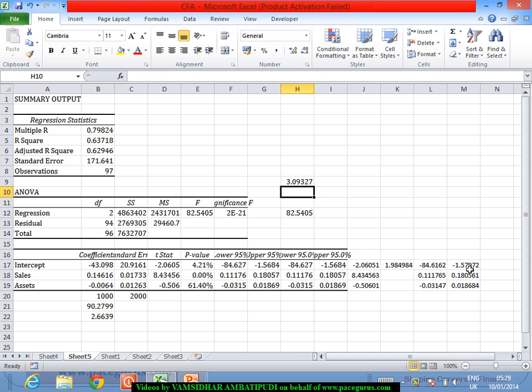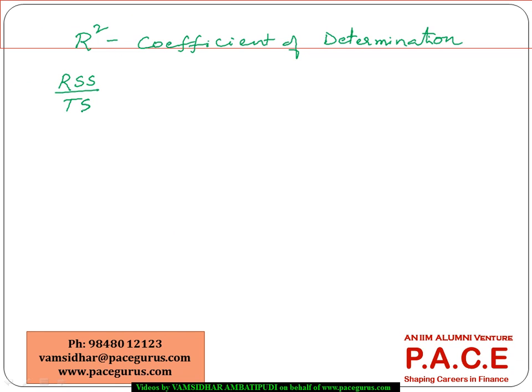The next important aspect that comes in this context is the coefficient of determination, which is r squared. The coefficient of determination, which we have used even in the simple regression model, wherein we simply said the regression sum of squares divided by the total sum of squares.